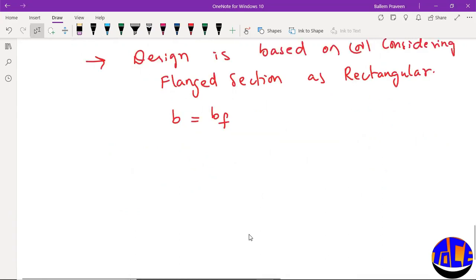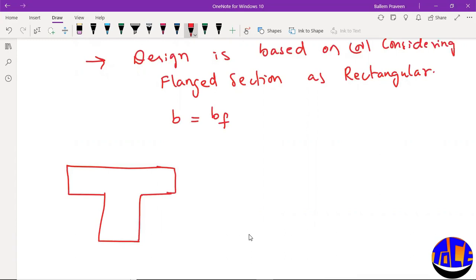Suppose this is a T beam, this is the height, and this is the width of flange, and depth of flange df. Somewhere here is your xu, which is within the flange.